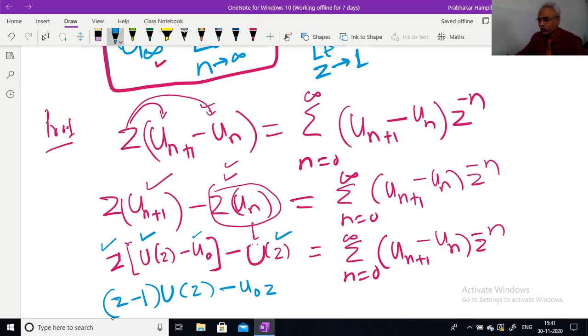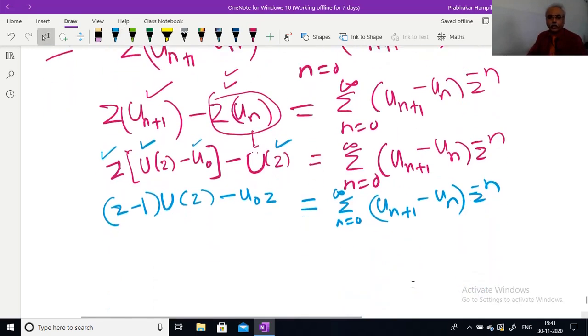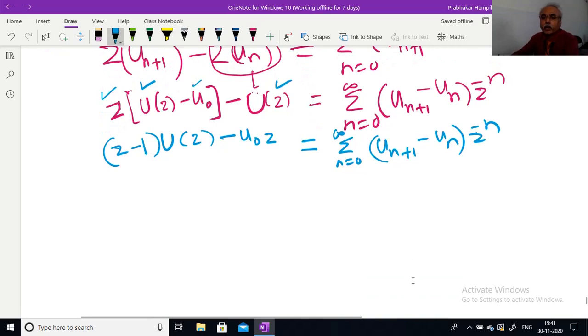Now it is time to expand the right hand side also. Put n equal to 0, or you can go on putting the summation n equal to 0 to infinity of (u_(n+1) minus u_n) z raised to minus n. Suppose now I think of making this part as 1. If I want to make this part 1, I have to put z equal to 1.